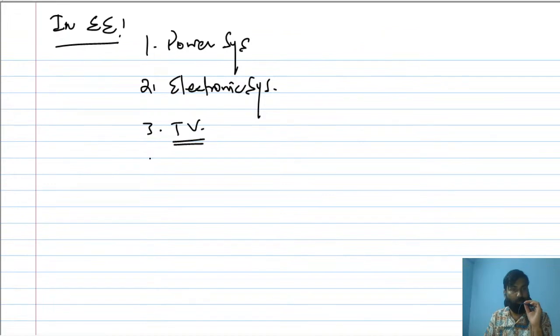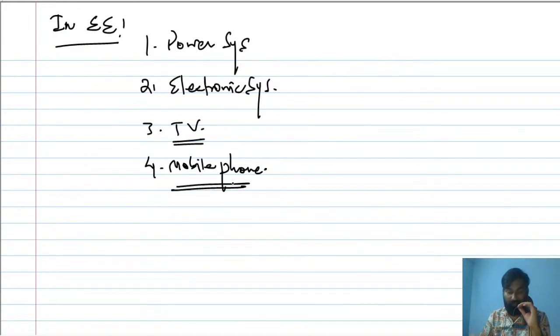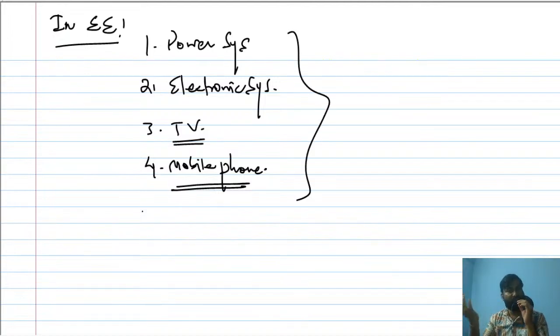Mobile phones, a mobile phone is a system. Your computer itself is a system, right? Smart grid also is a kind of system. So there are various examples. If you see real life examples, there are various examples of systems, right? So when you give some input to the system, it interacts with the input signal and gives you the output signal, that you have to understand. There are various examples as well. In fact, one of the subjects we also go through is named communications.